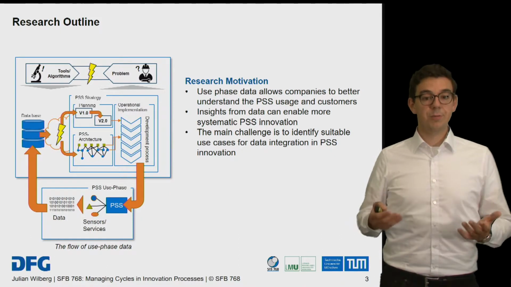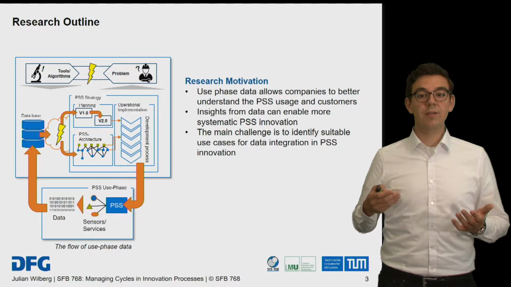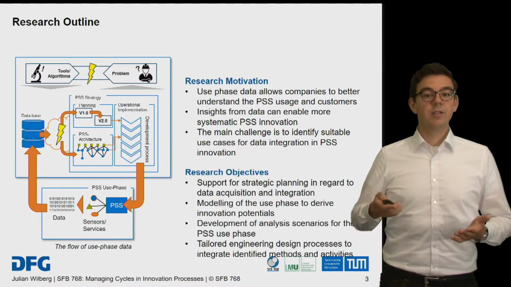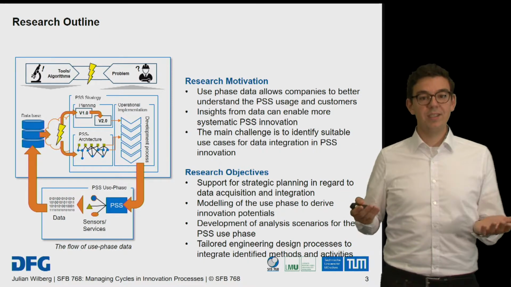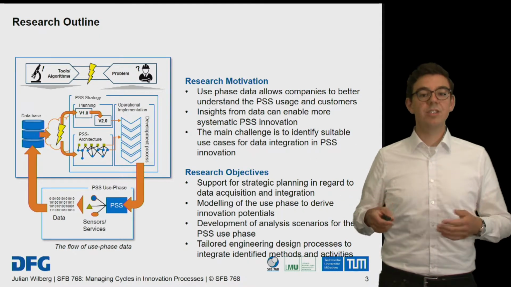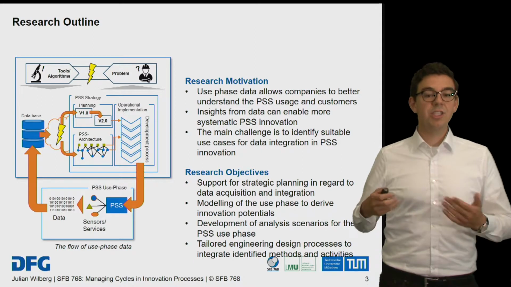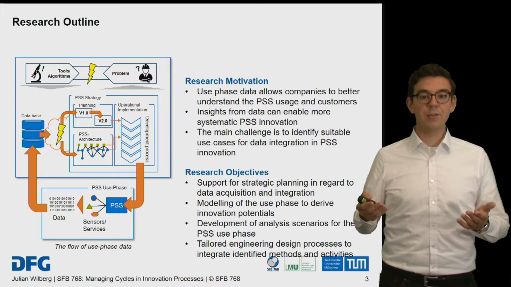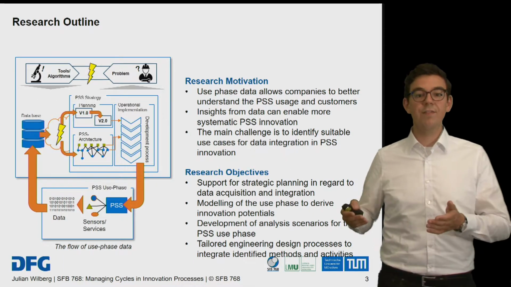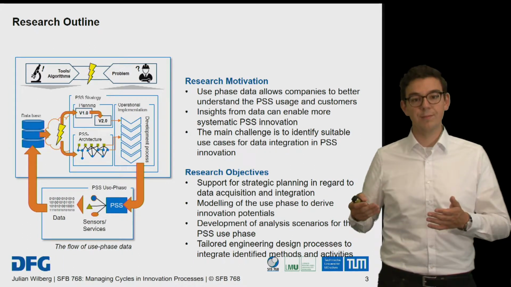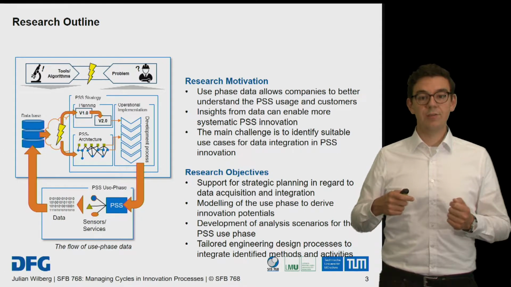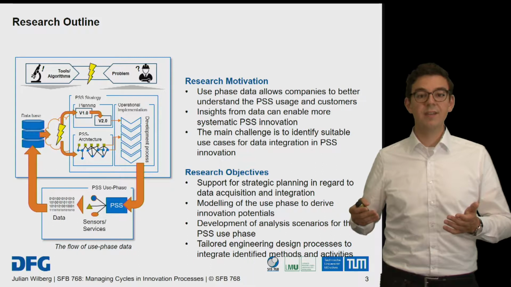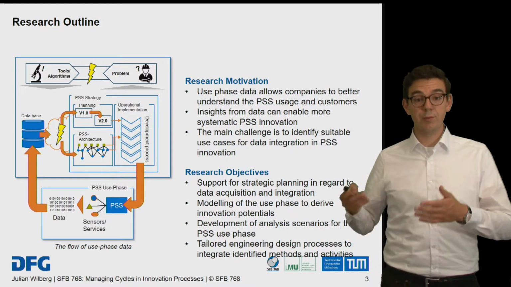Based on this research motivation, we derived the following research objectives for our sub-project. In order to support companies in successfully mastering the digital transformation, strategic planning is necessary. Companies further need to identify use cases and systemically derive implementation plans to realize them. Modeling the use phases is an important step to understand existing potentials as well as areas of future improvement.